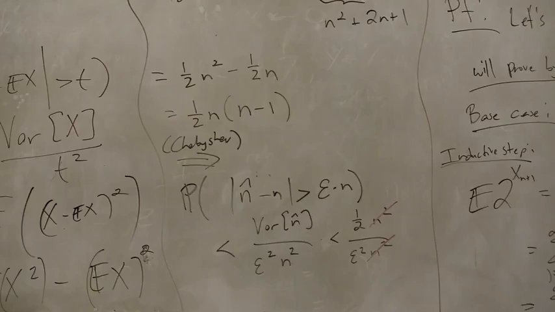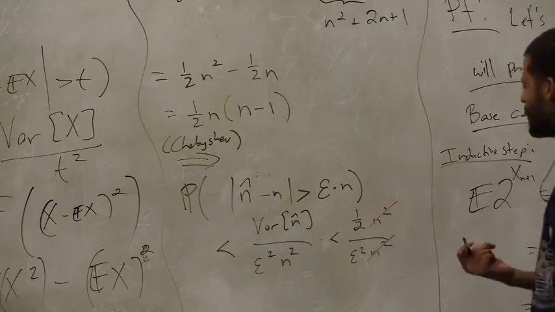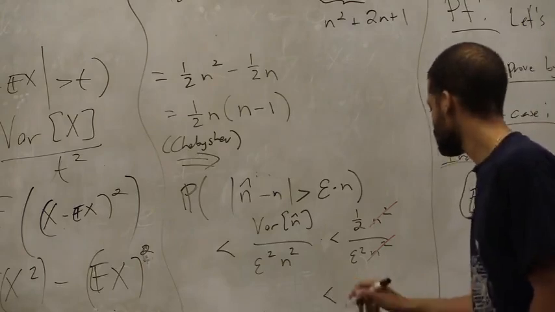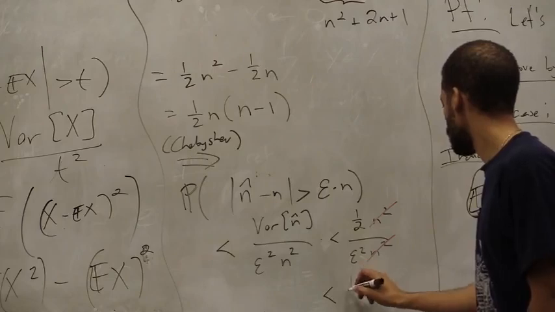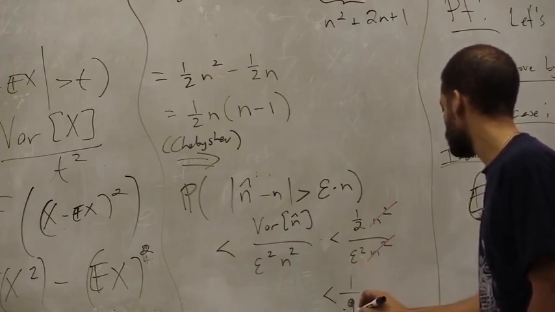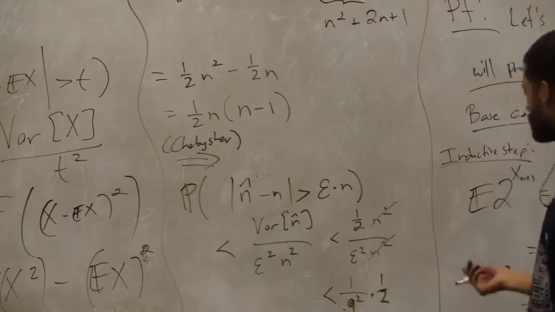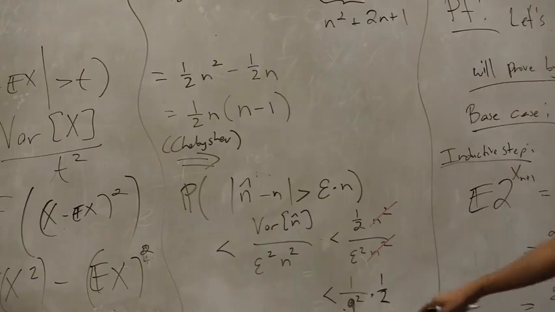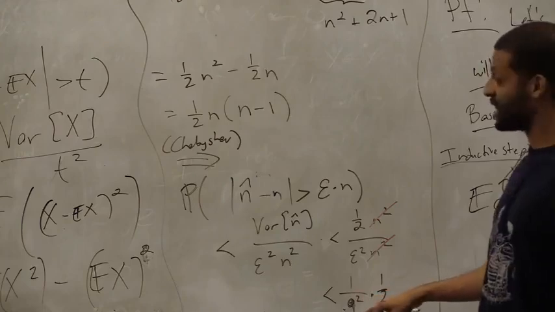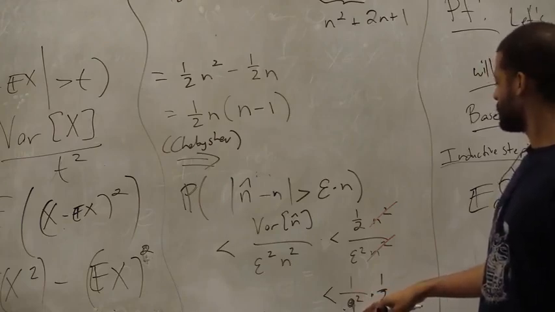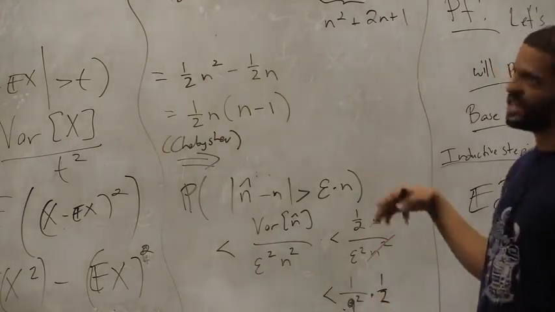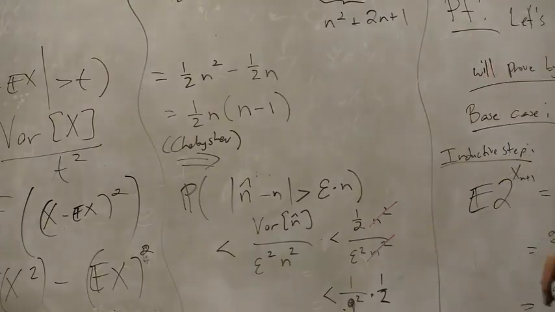And if epsilon is not too small, for example, if epsilon is like 0.9, this is less than 1 over 0.9 squared times 1/2, which is some constant. 1 over 0.9 is 10/9, which is roughly 1.1111.